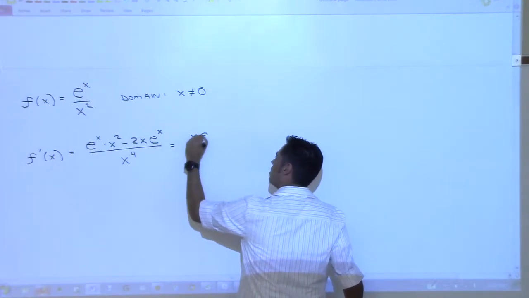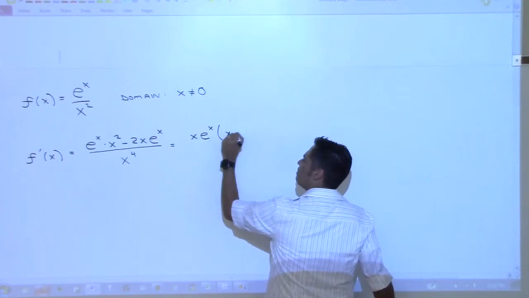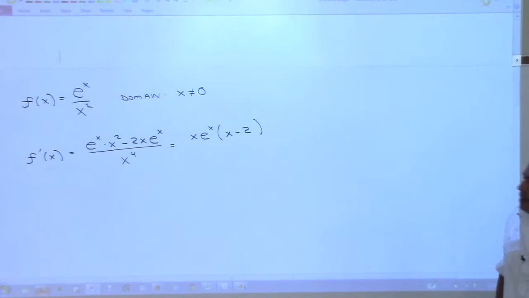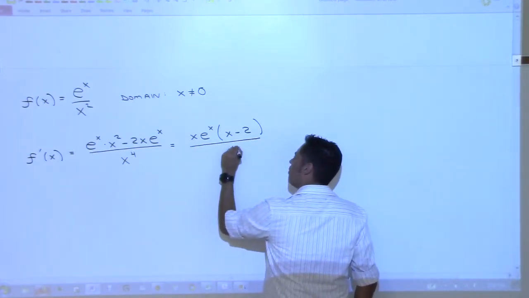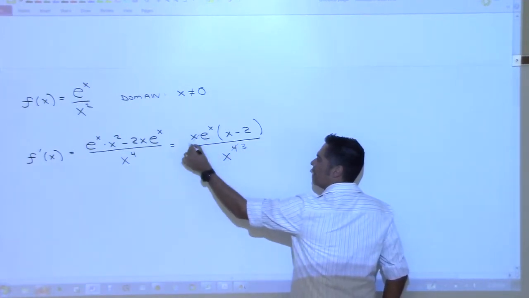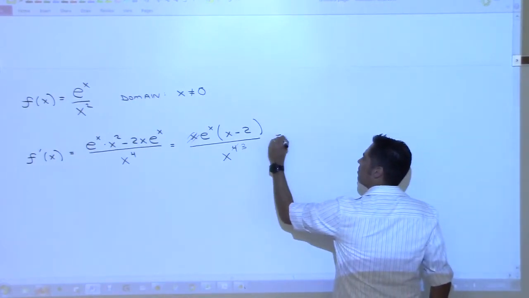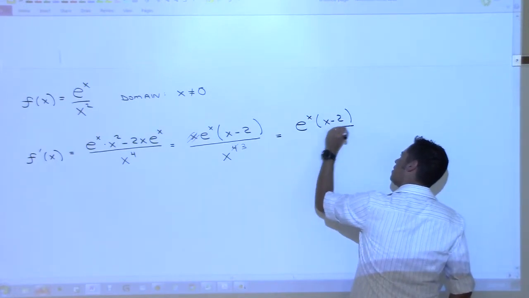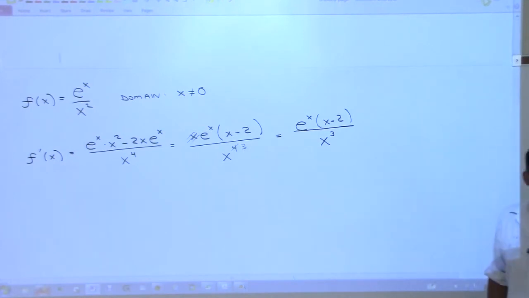So let me pull an x e to the x out of the top, and I'll be left with x minus 2. That's what would happen if I pull an x e to the x out of the top. But on the bottom, I have x to the 4th, and so I wanted to do that because I wanted you to see that that would become an x cubed and that x is gone, right? So I guess a nice clean version of our derivative is this. Okay, that's our first derivative.